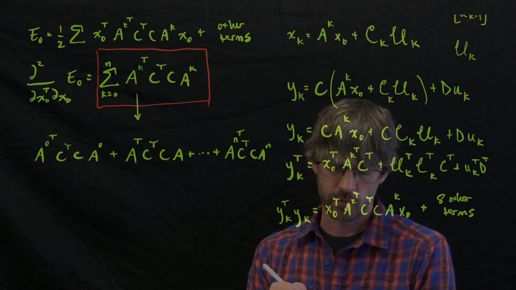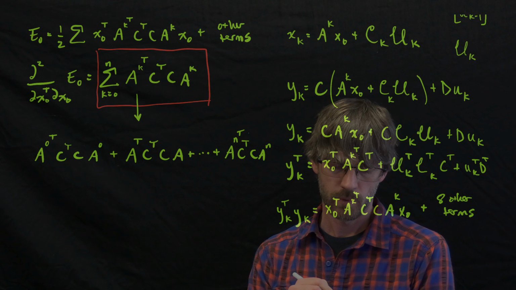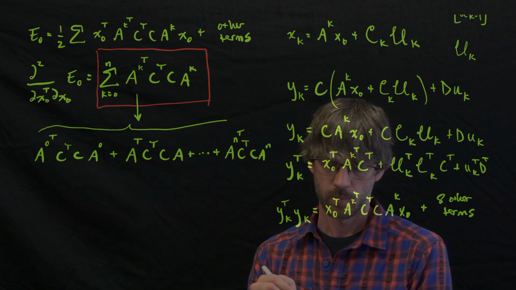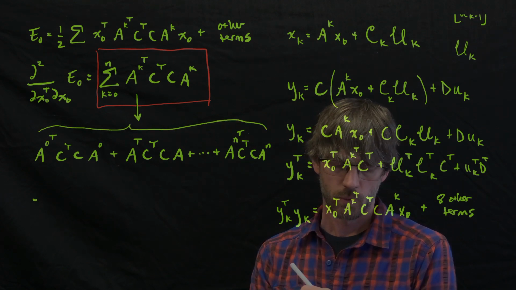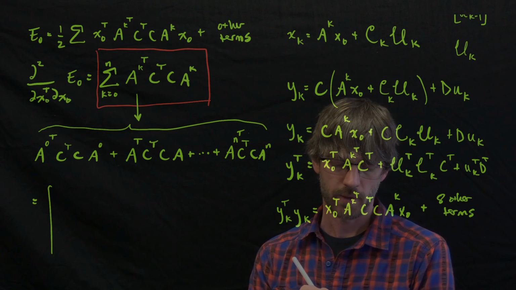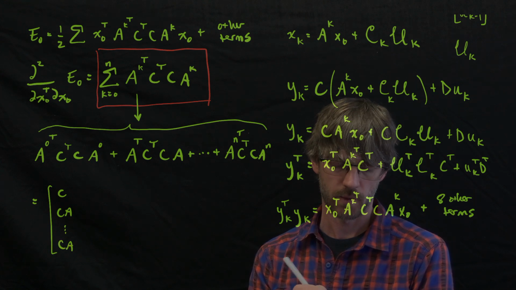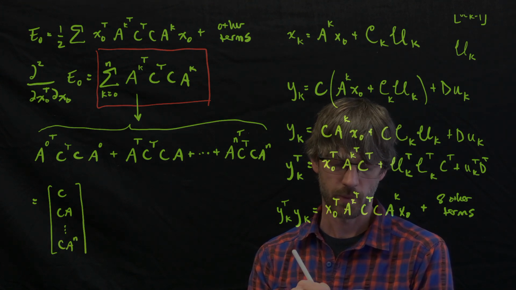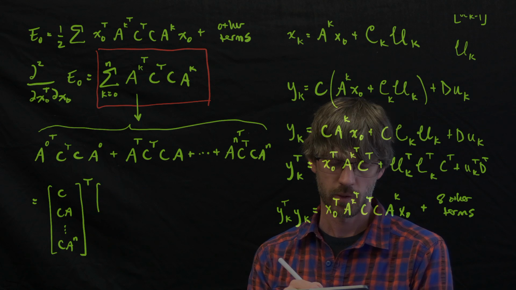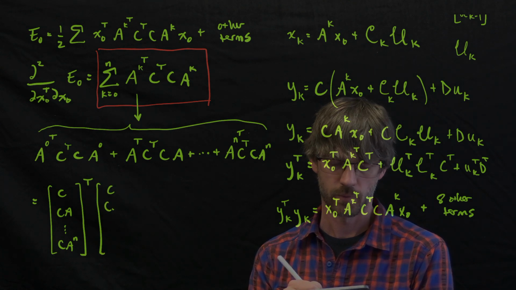So this term here, this is that whole sum. We can write that out a little bit more compactly as a matrix product, where we have C, CA, all the way on to CA to the n. I'm going to take that matrix, take the transpose, and then multiply it by itself.